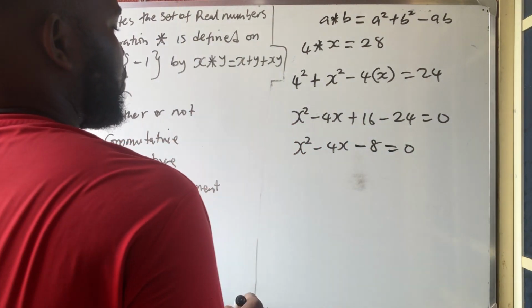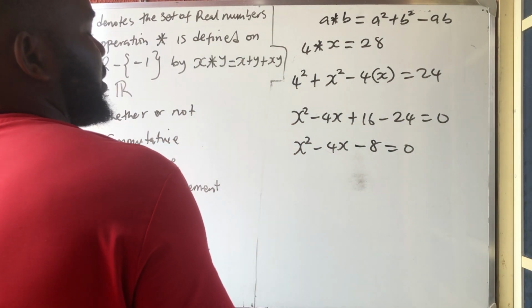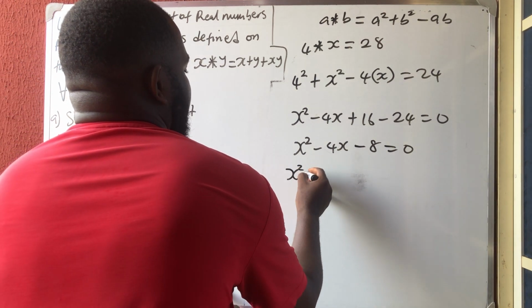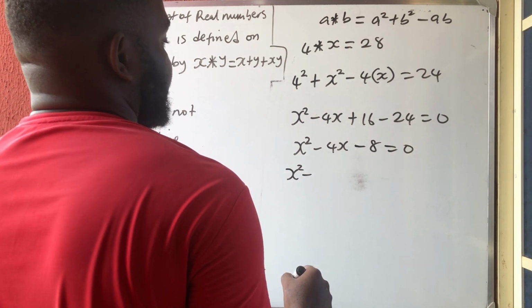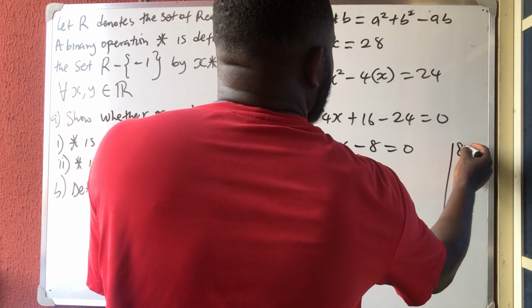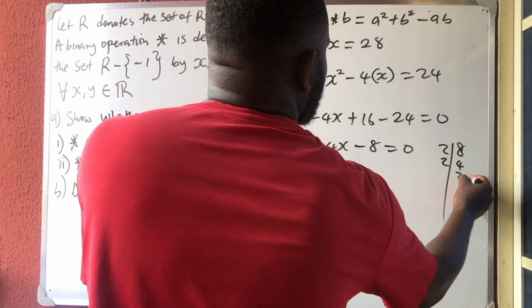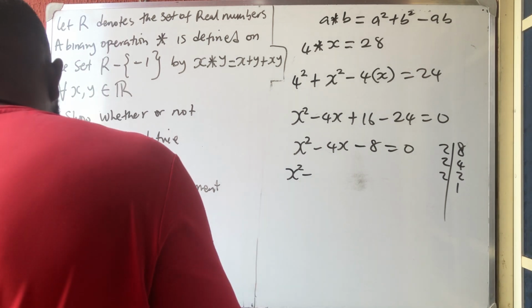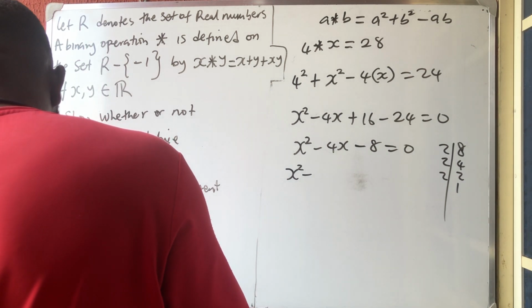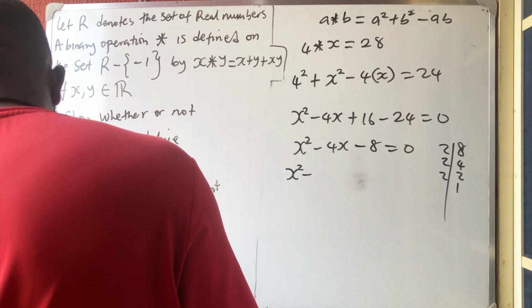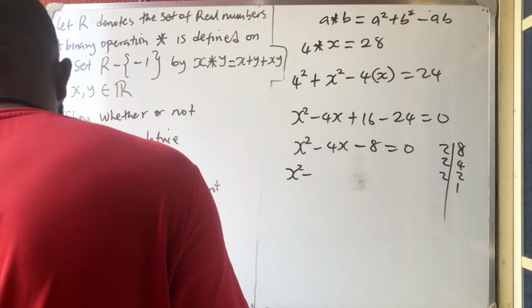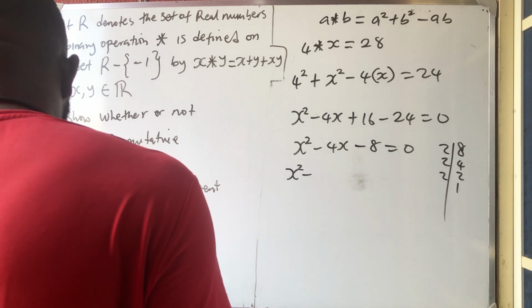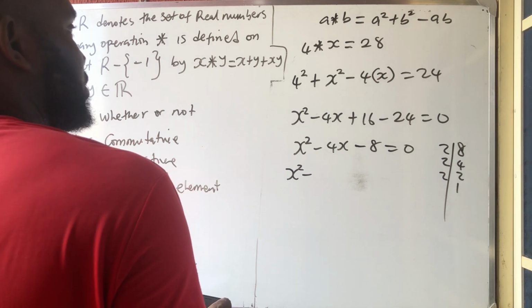So this is a quadratic equation, and let us factorize. Let me check. Is it factorizable? How did I get 24?